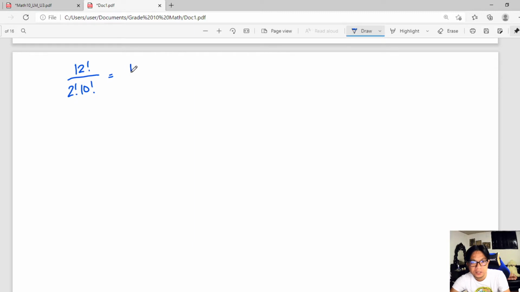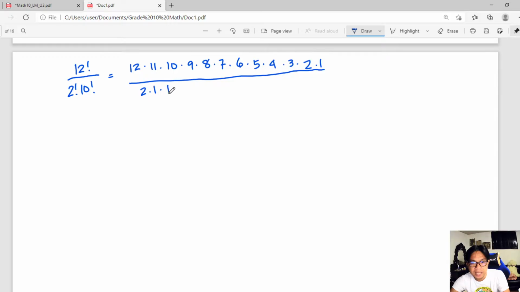So, it is 12 times 11 times 10 times 9 times 8 times 7 times 6 times 5 times 4 times 3 times 2 times 1, divided by 2 times 1, ito yung 2 factorial, times 10 times 9 times 8 times 7 times 6 times 5 times 4 times 3 times 2 times 1. Manually, ganito yung gagawin kung wala tayong calculator.